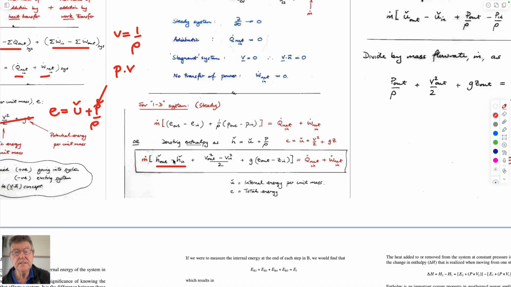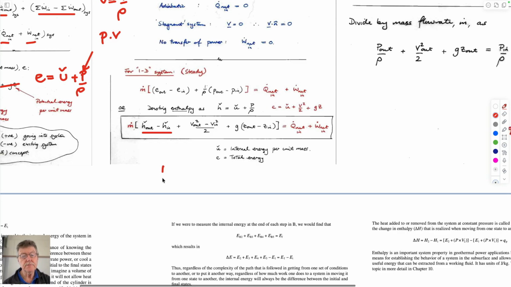So we could write it as a streamline. So I guess we drew it as a streamline, which would be this.